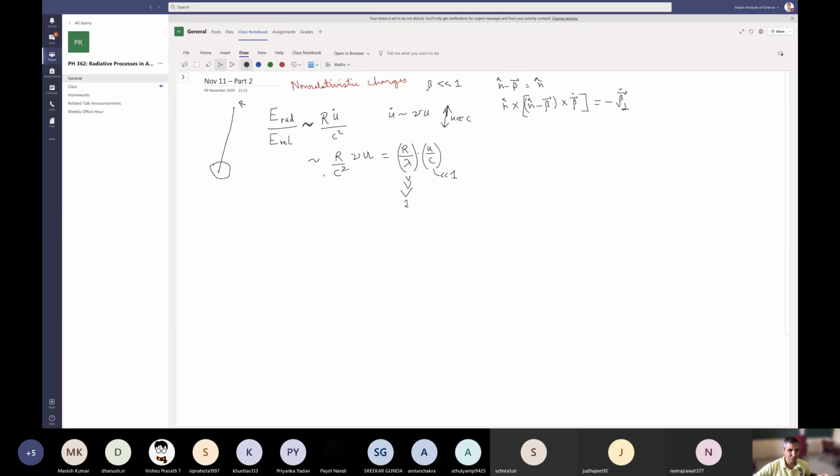We also define something called a near zone and a far zone. The near zone is r much less than lambda. In the near zone, if r is smaller than lambda and u is much less than c, the velocity field E vel is bigger than E rad, because u is much less than c.